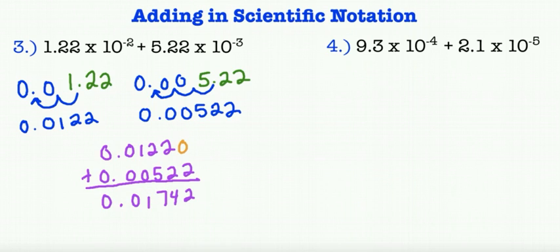And now that we've added, we could go back now and convert our answer into scientific notation. I want my decimal to be here because then our value will be between 1 and 9. And that's it.